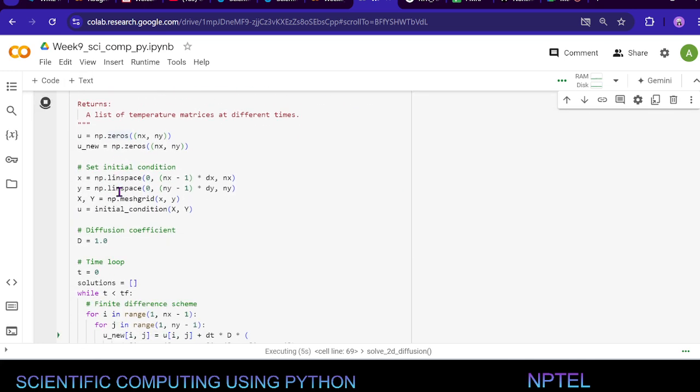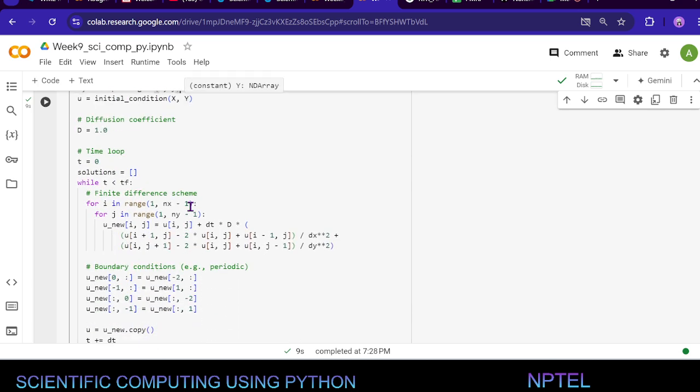It's pretty similar to what we did, but you have to use meshgrid now because u is going to be a function of x and y both, and then it just uses the central difference scheme just like us, but then you have central difference in both the directions. So it is i plus 1 plus i minus 1 minus 2 times ui, that is in x direction, and same thing you do in y direction, which is j.